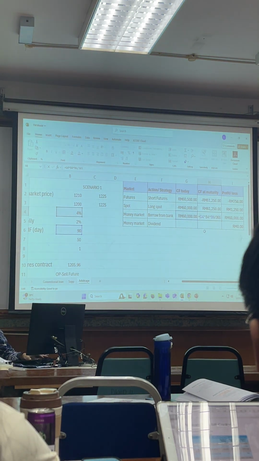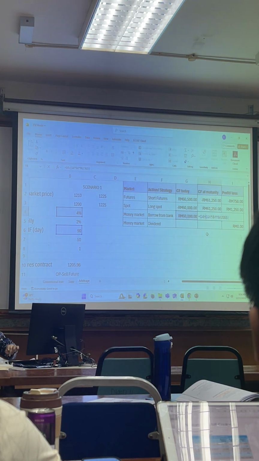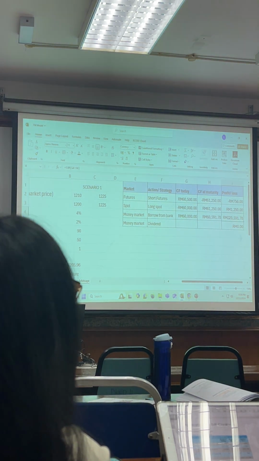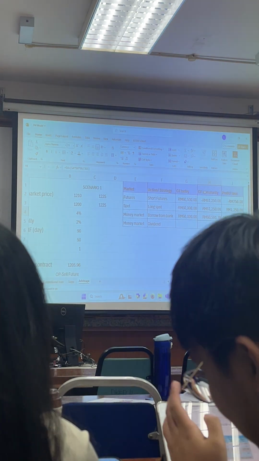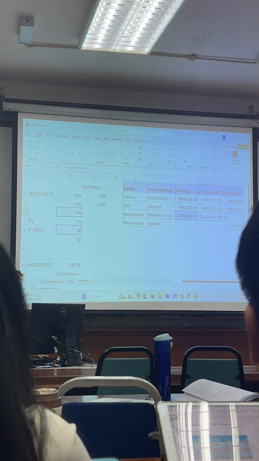Right, I just calculate the interest. When I have the interest, maybe I can make it a formula. I need to add my principal. Right, now you see, cash flow. When you borrow, it means that you pay to the bank, so there is a negative sign.